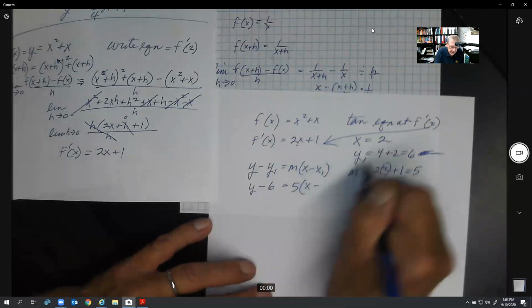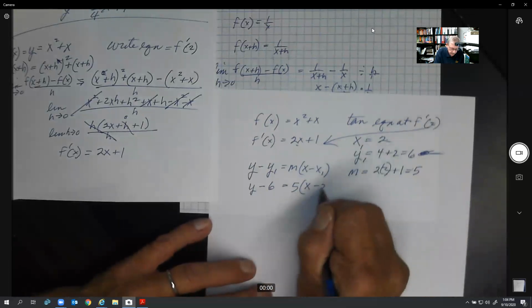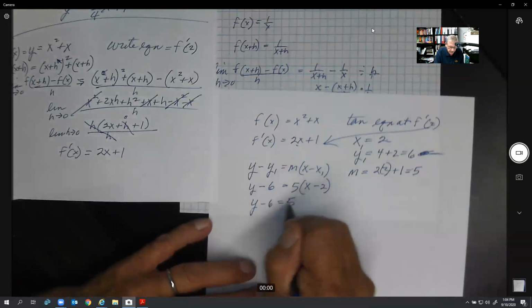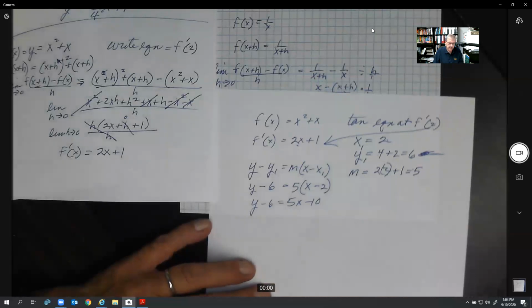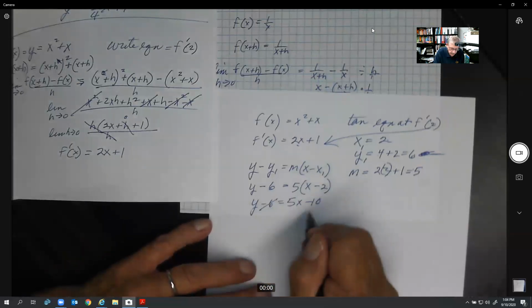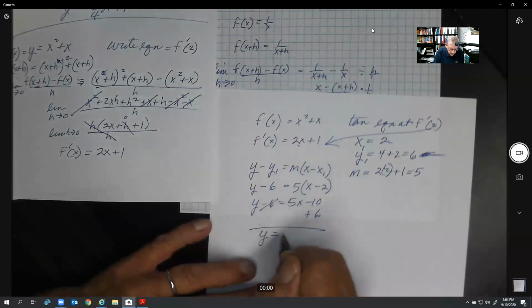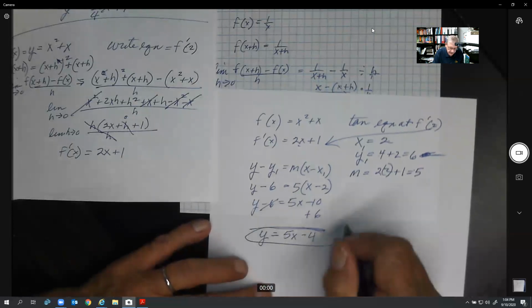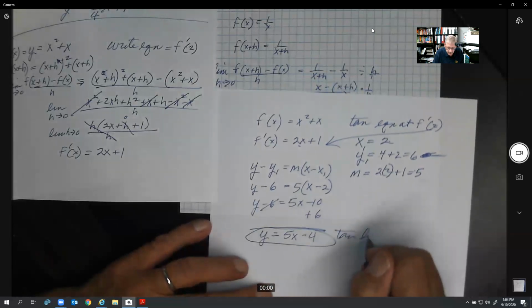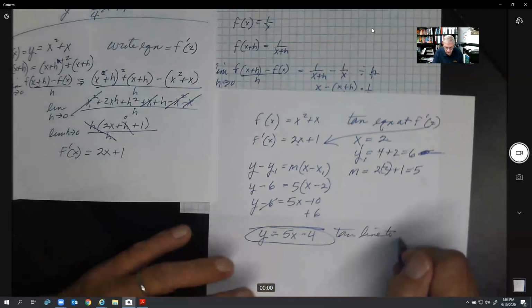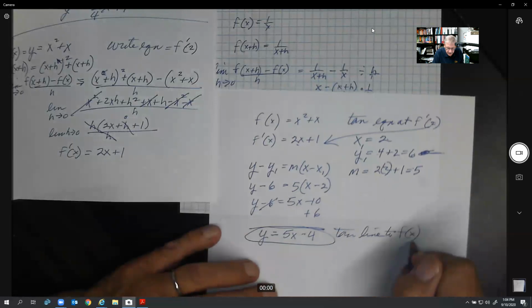X minus x sub 1, 2. Y minus 6 equals 5x minus 10. Bring our 6 over: y equals 5x minus 4. And that's the equation of the tangent line to this function of x at 2.